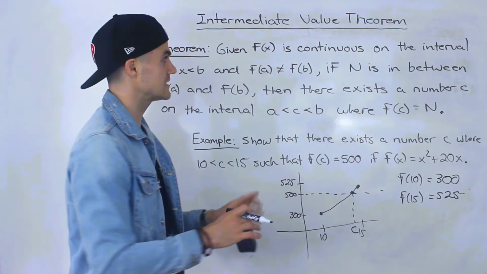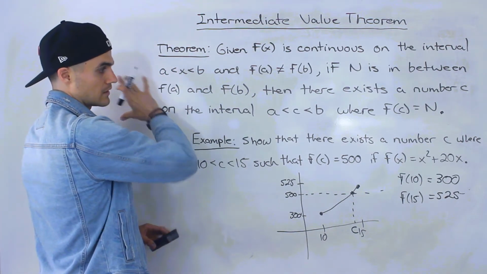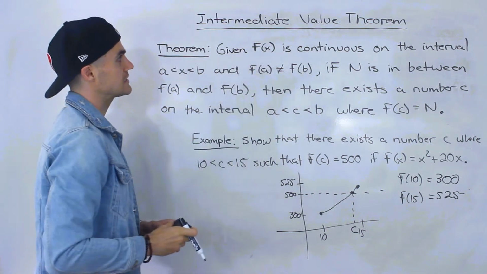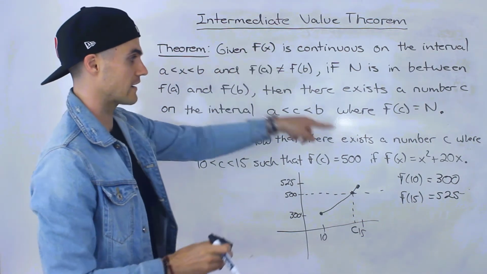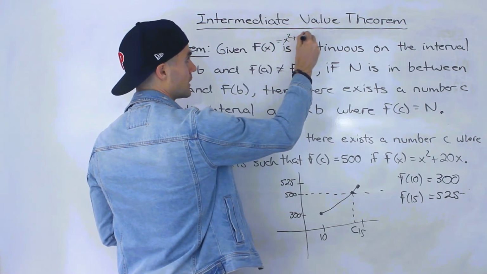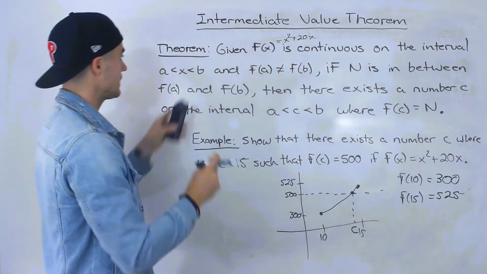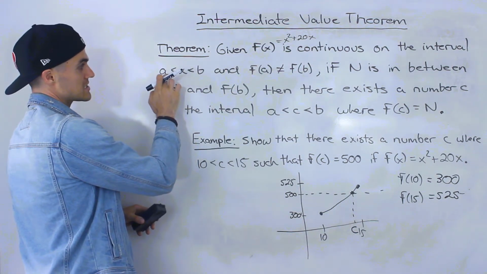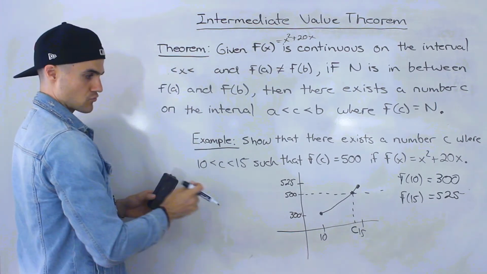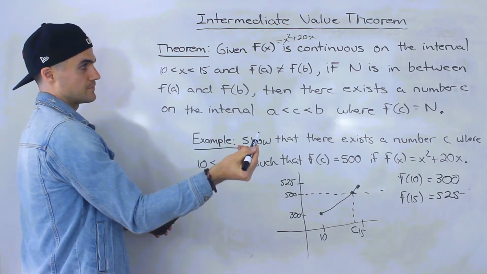And if you were to put this in a sentence, what you can do is apply this to the theorem's sentence. So you could erase certain things. So we can say, given f of x equals x squared plus 20x, is continuous on the interval where x is between a and b, but instead of writing a and b, let's write 10 and 15.